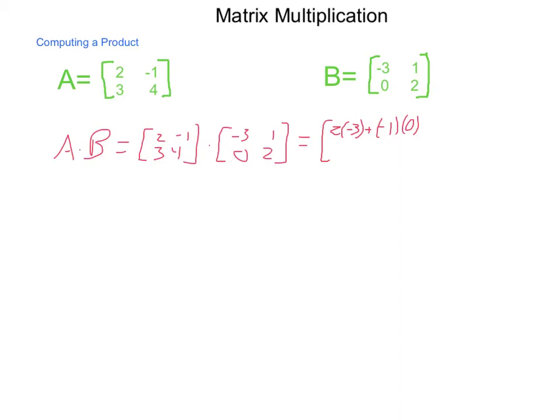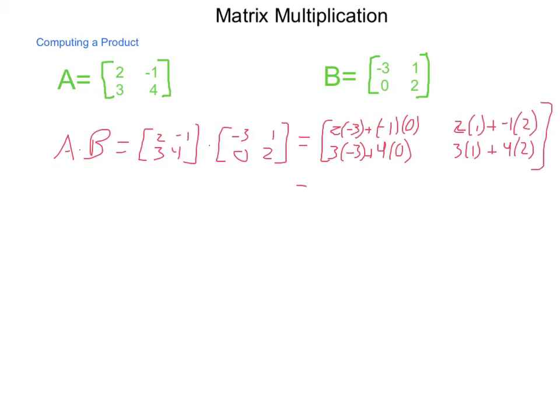Now row 1, column 2, I get 2 times 1 plus negative 1 times 2. Now row 2. Row 2, column 1 will be 3 times negative 3 plus 4 times 0. And last one, I will have 3 times 1 plus 4 times 2.